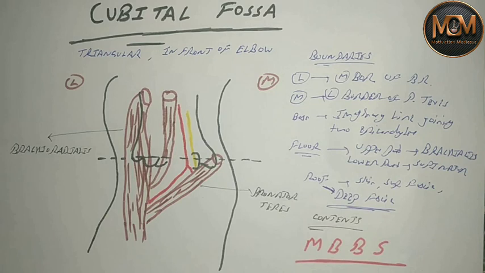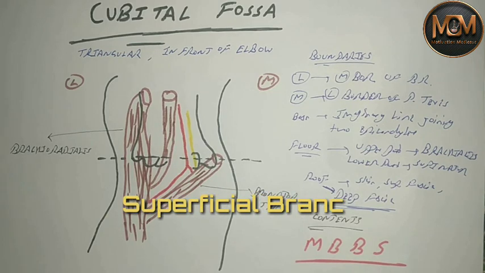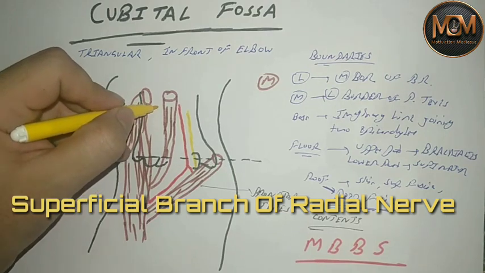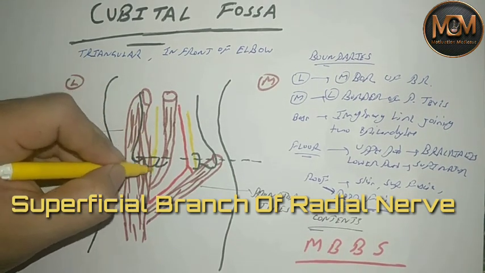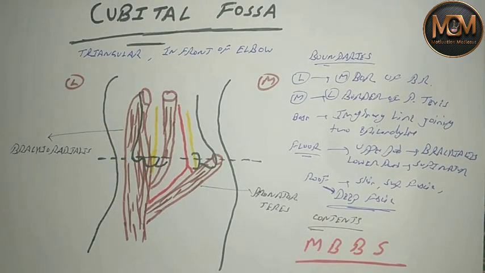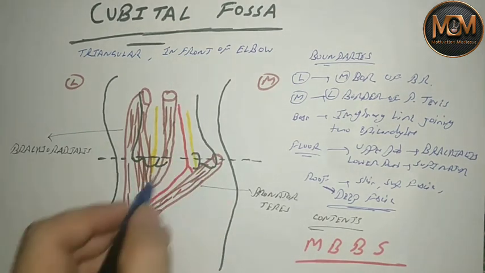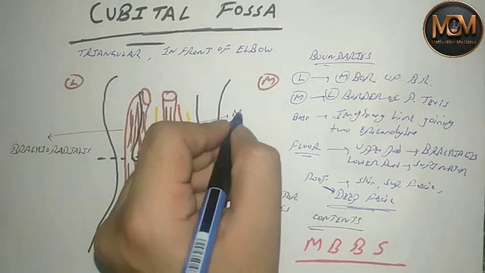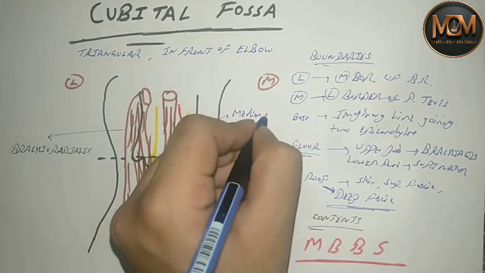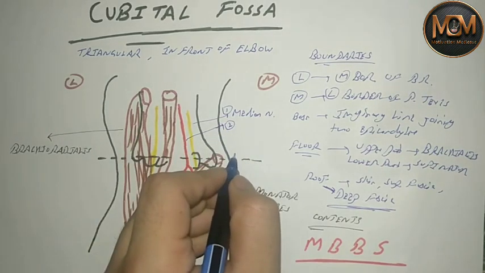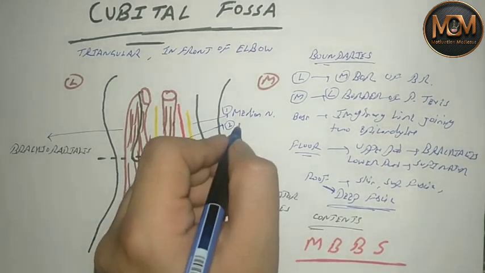And one more structure, from S, is the superficial branch of radial nerve. Now we'll write the names. From M, median nerve. From B, brachial artery.